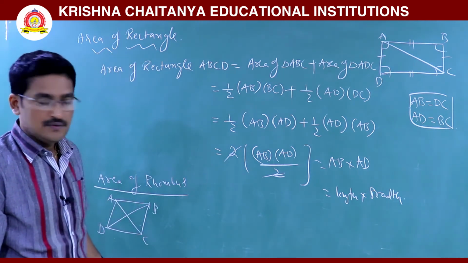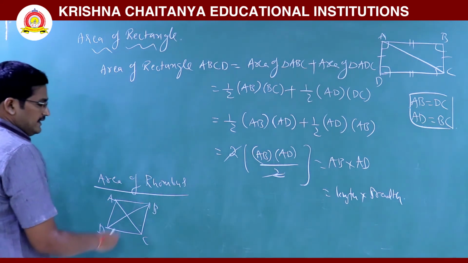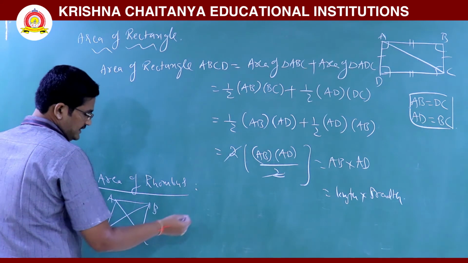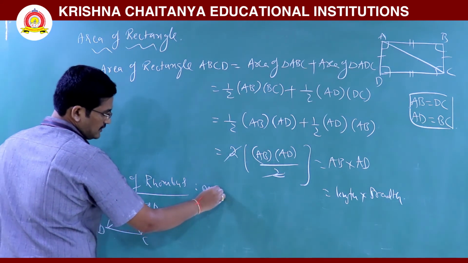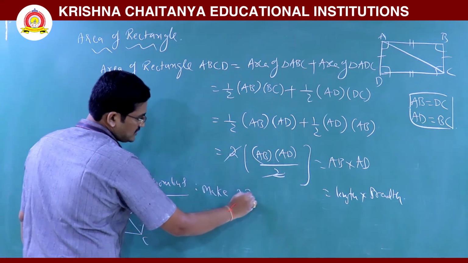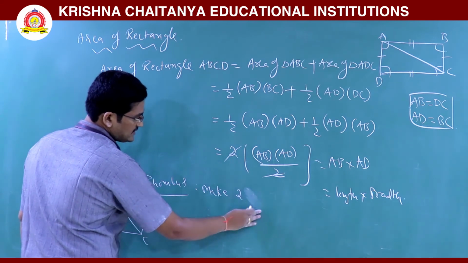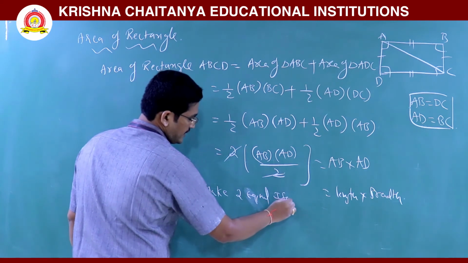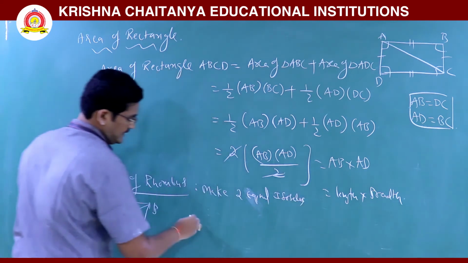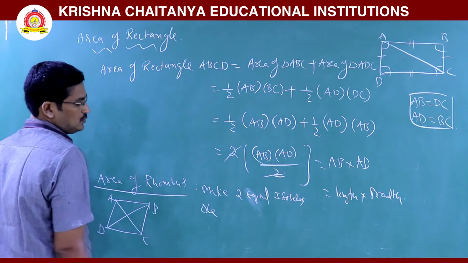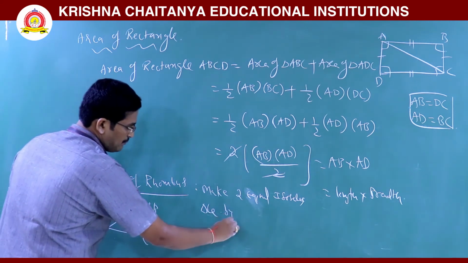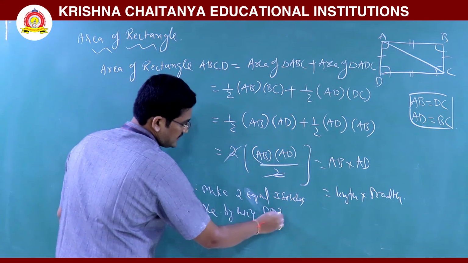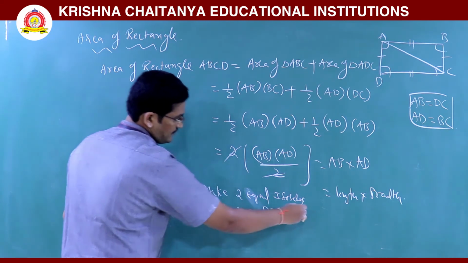First you have to do that. Okay, so what is the construction here? Make two equal isosceles triangles by using diagonals. First you have to remember this one.